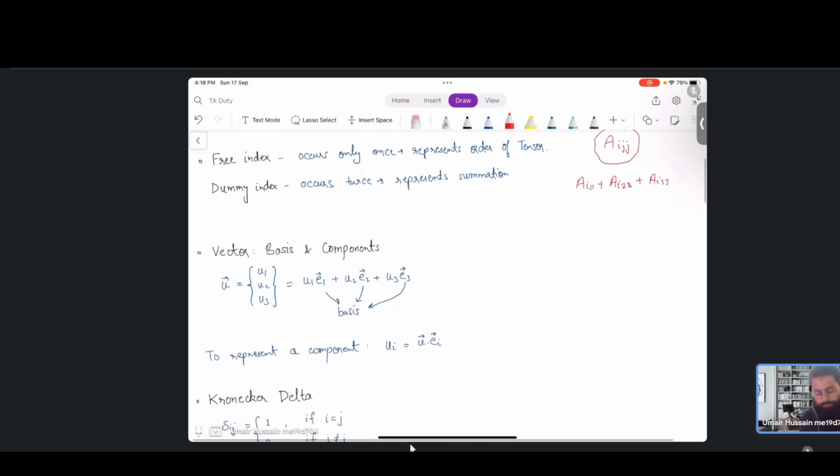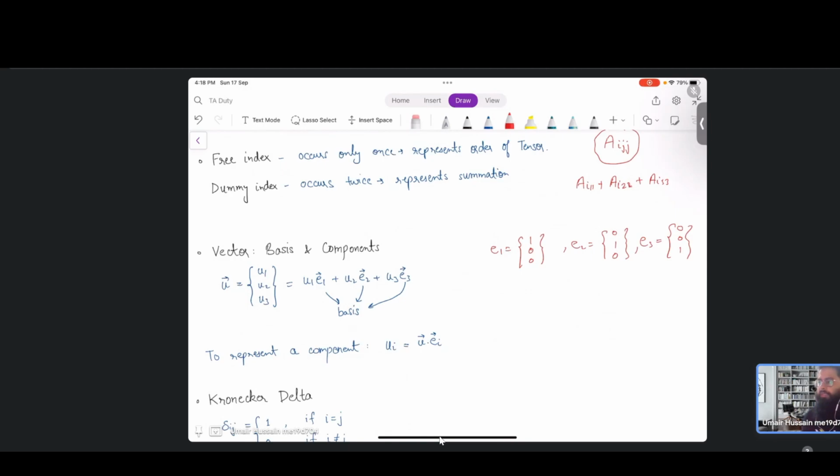Usually, the basis that we consider by default is the nominal basis, that is E1 equals 1, 0, 0, which we can say is the x-axis; E2 equals 0, 1, 0, that is the y-axis; and E3 equals 0, 0, 1, that is the z-axis. We can use their linear combination to get any vector in that 3D space.